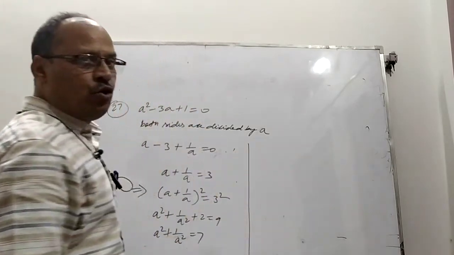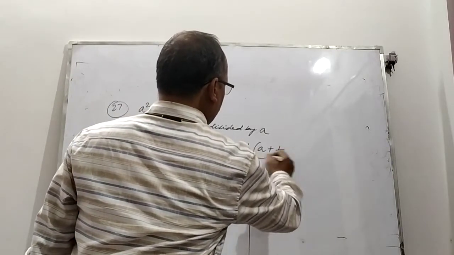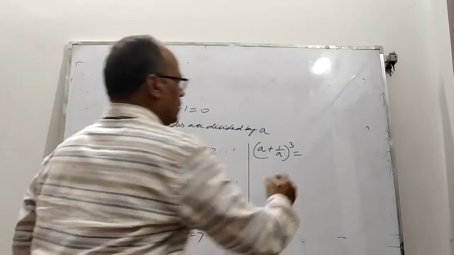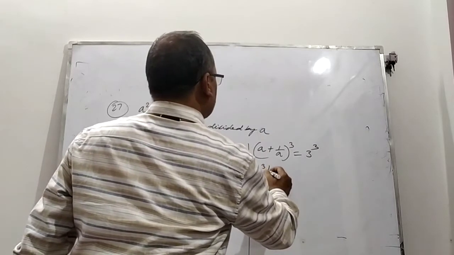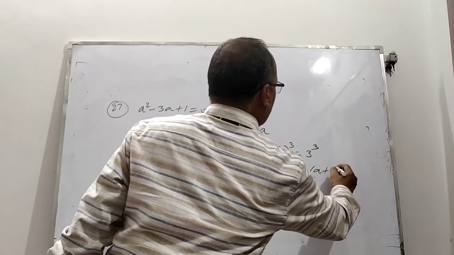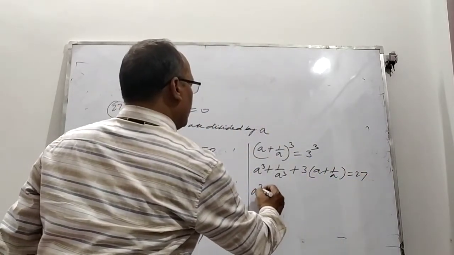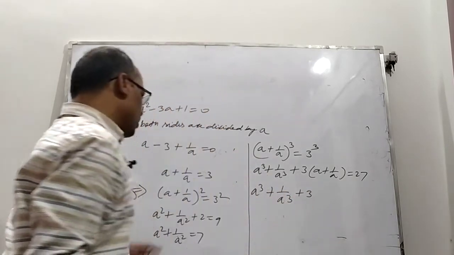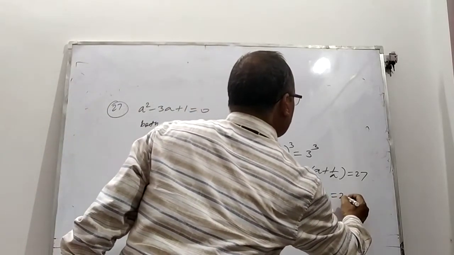You want to get a cube plus 1 upon a cube. So a plus 1 upon a, its whole cube, you will take, 3 cube. So a cube plus 1 upon a cube plus 3 (a plus 1 by a) equal to 27. So a cube plus 1 upon a cube plus 3 into, what is the value of a plus 1 by a? 3, equal to 27.